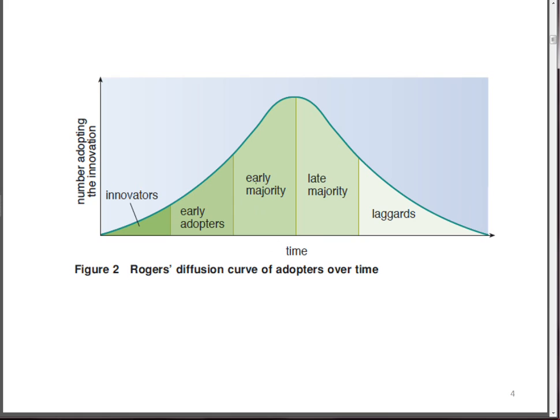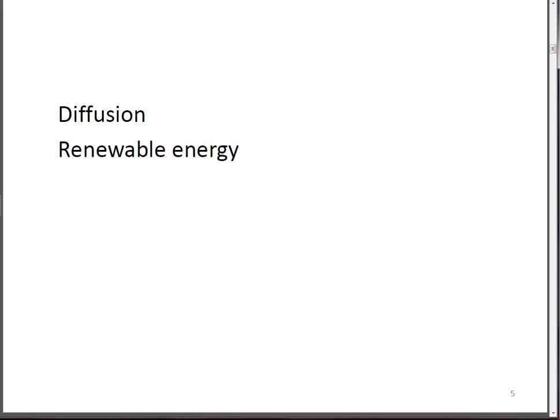We have the early majority and late majority, which are the main bulk of our customers, and the laggards. These are the people that will purchase something only when it is established in the market, not before, which is great. Now we will focus on diffusion of product and renewable energy.